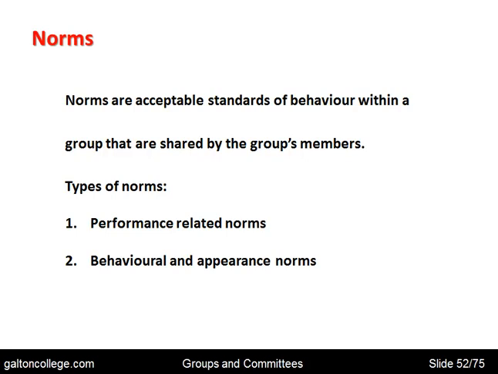Performance-related norms are when members of the group perform to acceptable standards. If the members of the group make certain promises or certain pledges, they should live up to what they said. And for behavior and appearance norms, they should behave according to what is acceptable standards within the group. That's the norm. They should meet what is the norm.